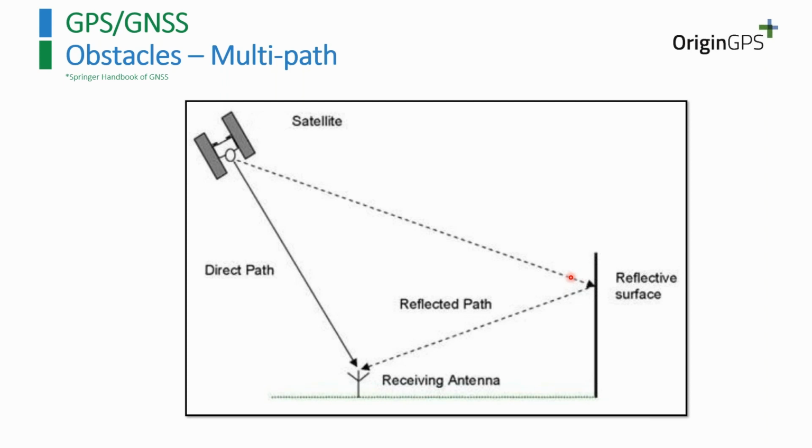All the buildings will bring a few signals to the receiver, and then all the calculations start to be wrong because we have the same signal a few times. This part we should handle as users, as engineers, and we at OriginGPS are trying to help solve all these problems and obstacles.